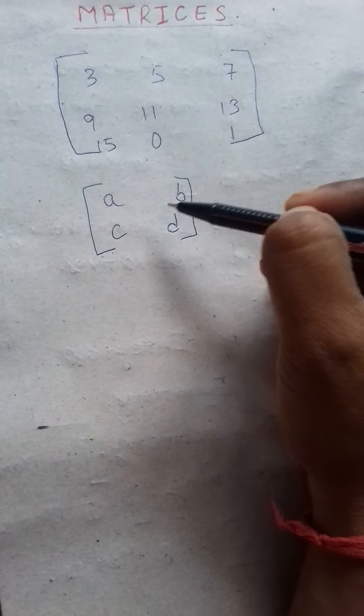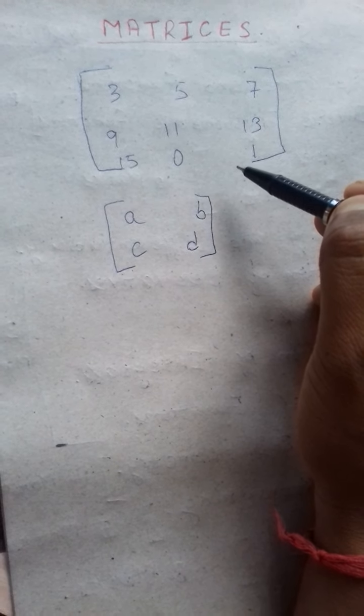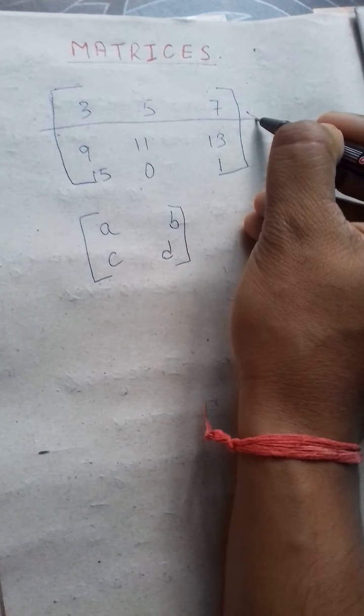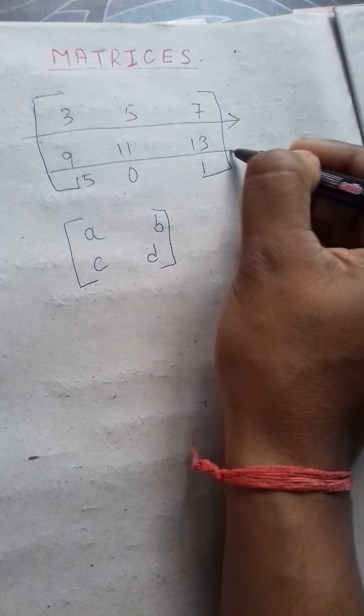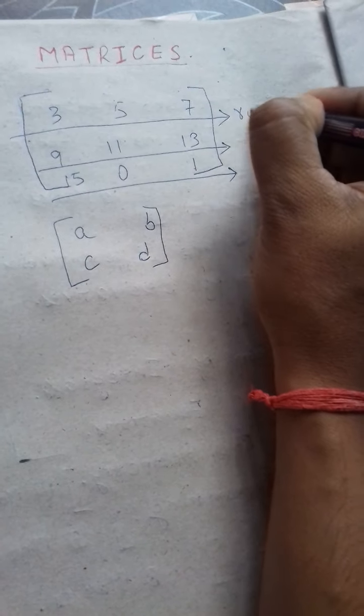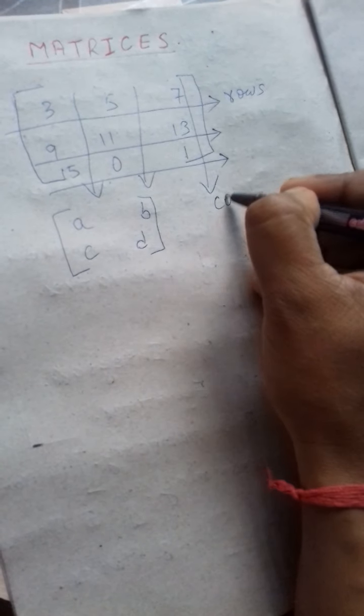So if we arrange our numbers or alphabets in a rectangular form, it is called a matrix, in which these horizontal lines are called rows, and these vertical lines are called columns.